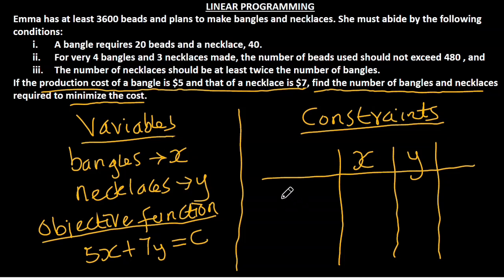On the left hand side of the table, we identify what constraints we are dealing with. For example, in this question, we see that a bangle requires 20 beads and a necklace requires 40 beads. So we can identify constraint number 1 as the requirements.